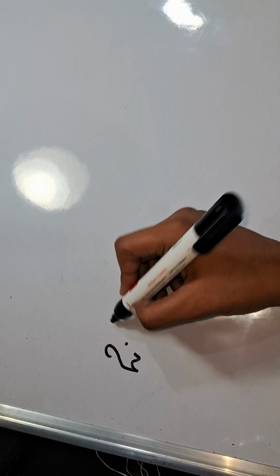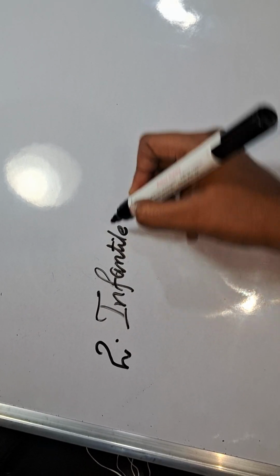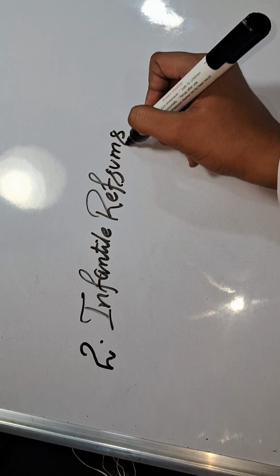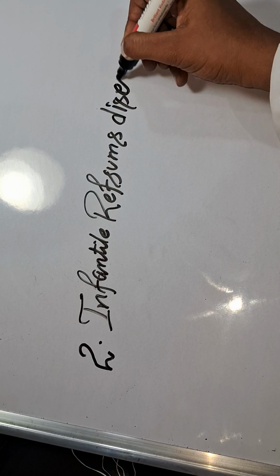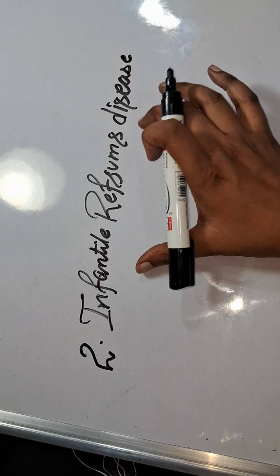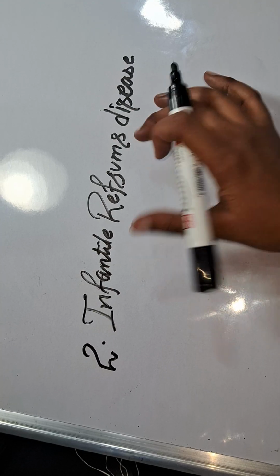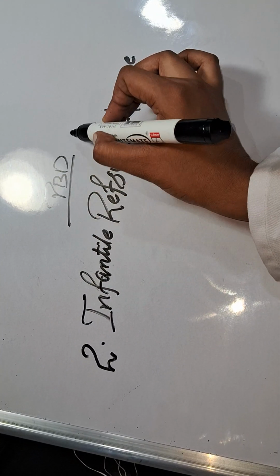Disease number 2. Infantile Refsum's disease. This disease is also related with PBD, peroxisomal biogenesis disorder.